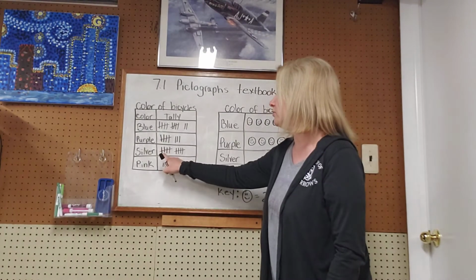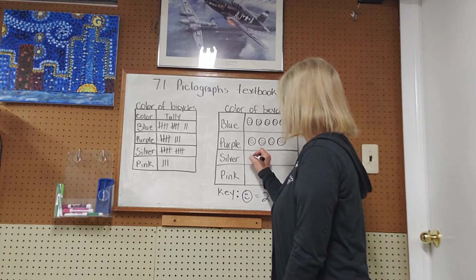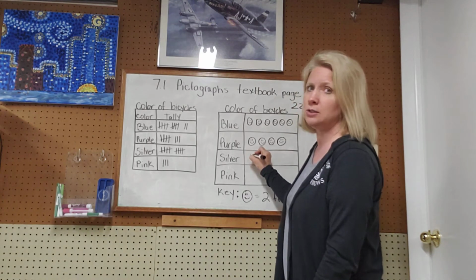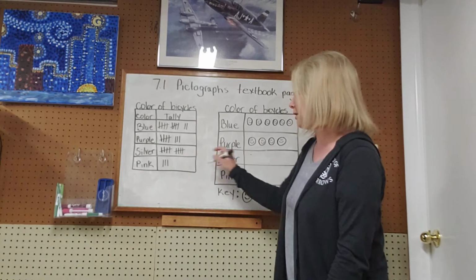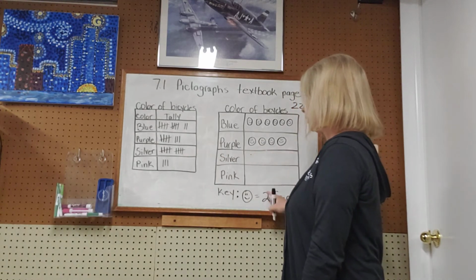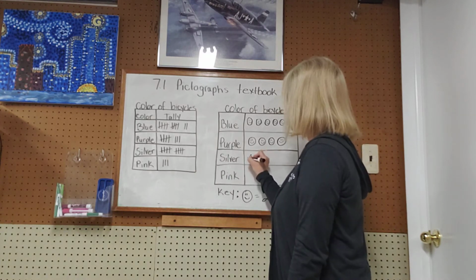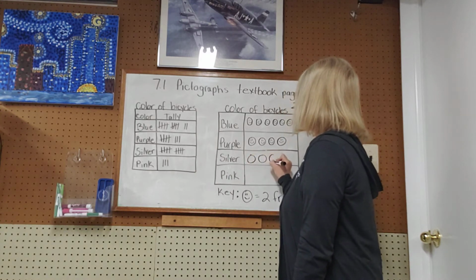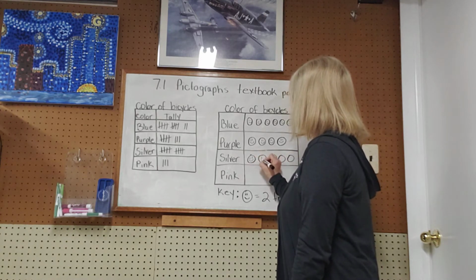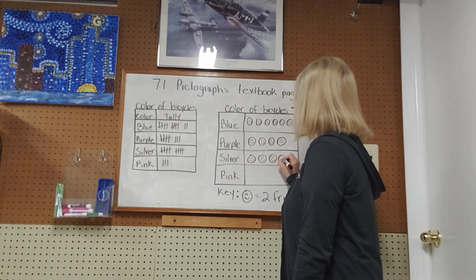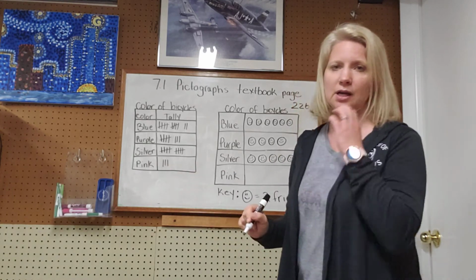Now let's move on to silver. 10. So let's count by twos because each one's worth 2 for this. And remember, you don't have to do it that way. You can have each one worth 1 if you want, and then you would just write out 10 of them. Since it's worth 2 and there's 10, let's do 2, 4, 6, 8, 10. Pink is only 3.